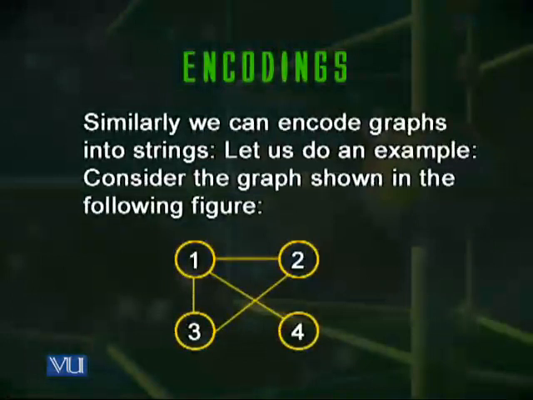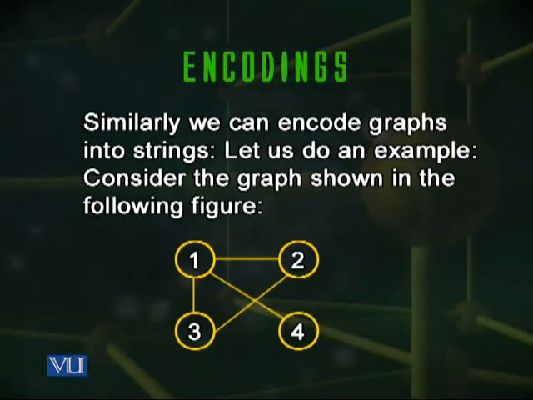Let's look at another example. Suppose we are interested in graphs. We are interested in solving some problems about graphs. Can we encode all graphs as 0, 1 sequences? Well, let's just do a simple example and see how that would be done. Here is a picture of a graph, and as you can see, the node 1 is connected to the nodes 2, 3, and 4.